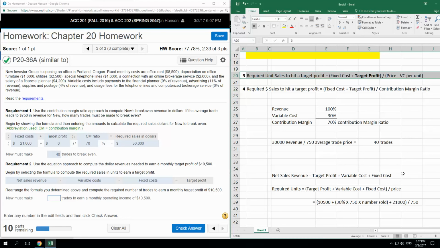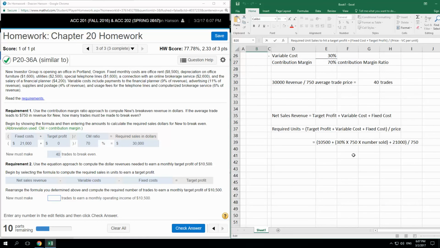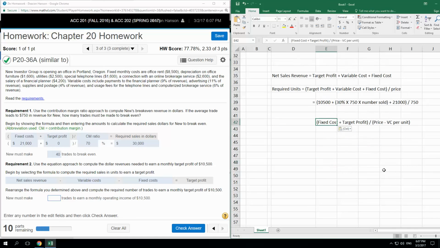So you already have the formula. What ends up happening is you take your fixed cost of 21,000 plus your target profit of 10,500, and then divide by the price, which is 750, minus the variable cost.